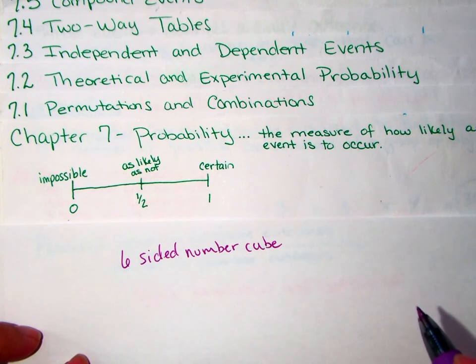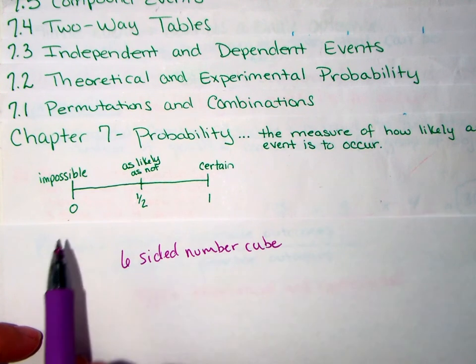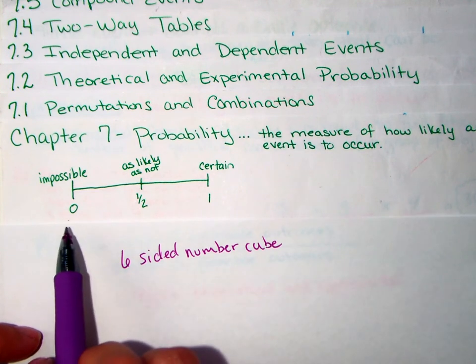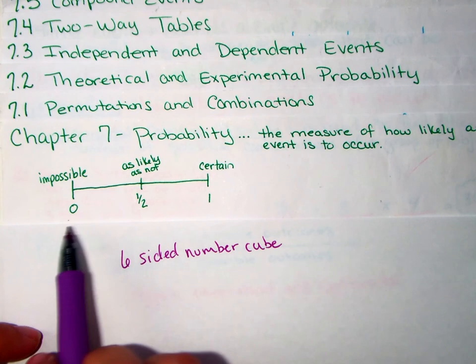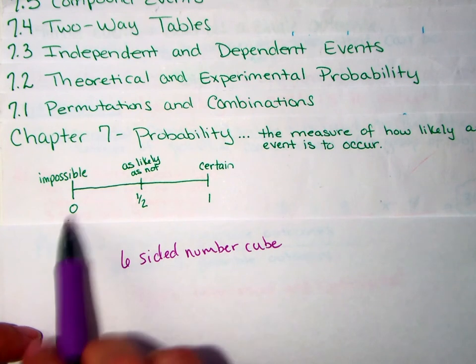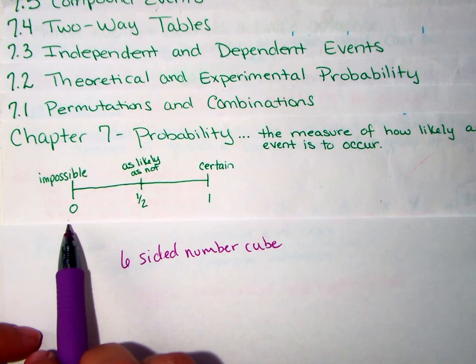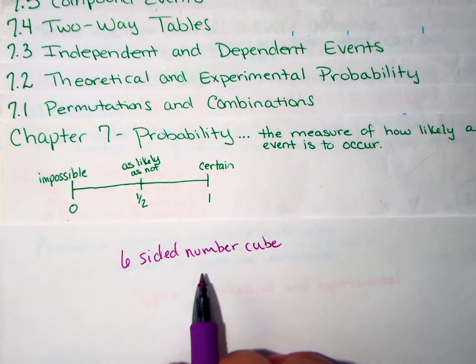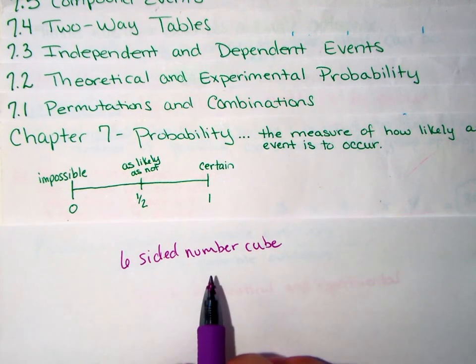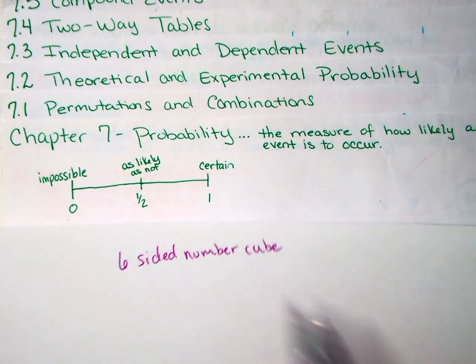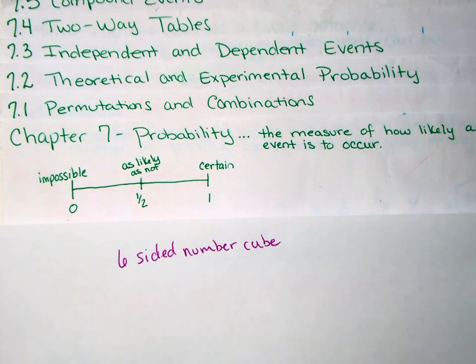Well, I can't because there's only 6 options. So that would be impossible. So when we put it in terms of this, it would be represented as 0. It cannot happen, okay?